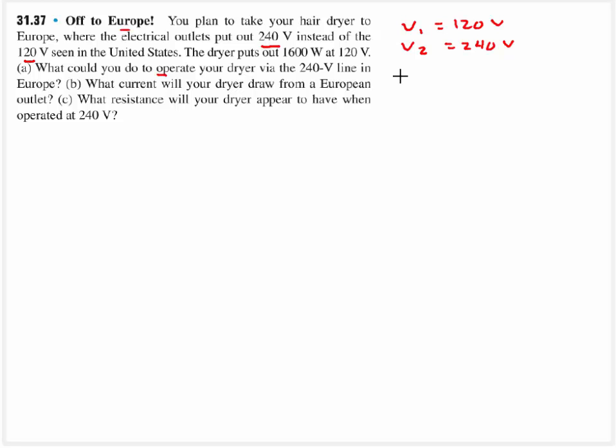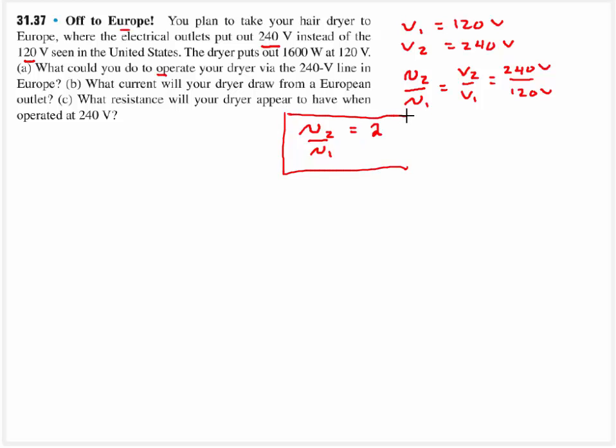So what we need is a step-up transformer where we can say N2 over N1 is going to be equal to V2 over V1, so 240 volts divided by 120 volts. So this says N2 over N1 is going to be equal to 2, so essentially we have twice as many loops on the secondary as we do in the primary.